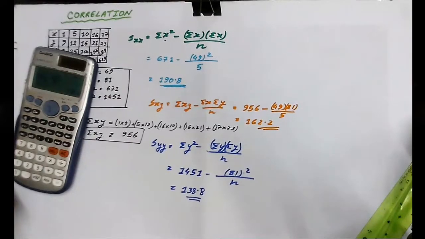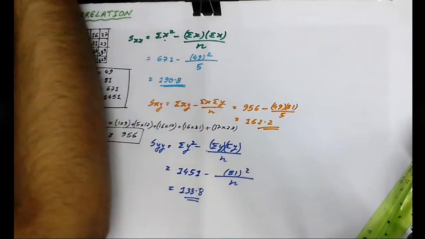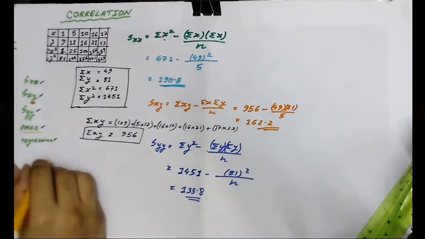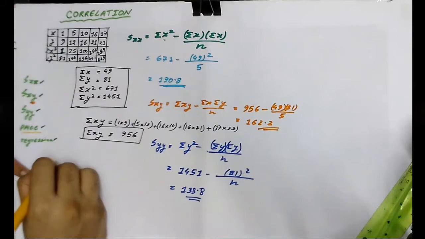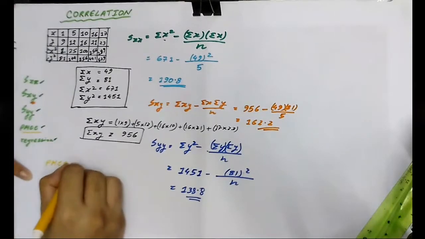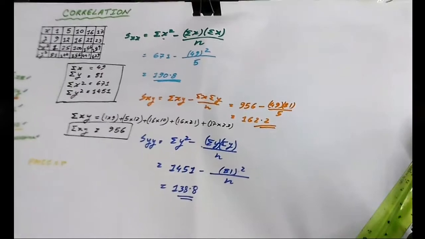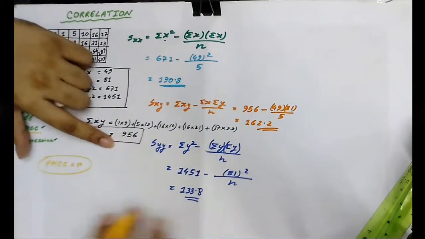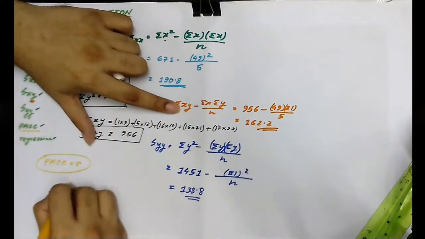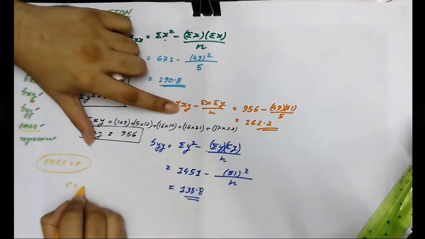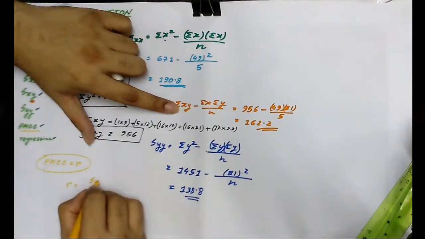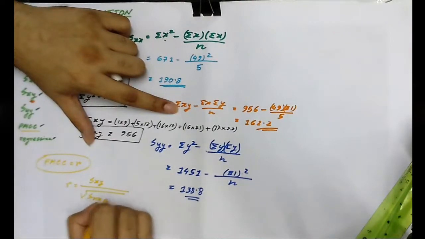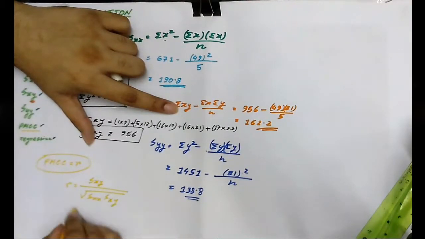So as we have all three SXX, SXY and SYY, we can perform the PMCC. Now we know that PMCC can also be called R. R is actually the short form of PMCC, so don't get confused if the question asks for R. So R is equal to Sxy divided by root over Sxx multiplied by Syy.